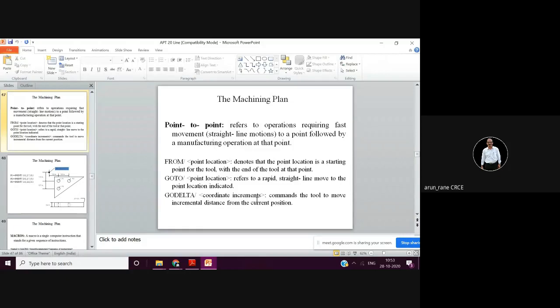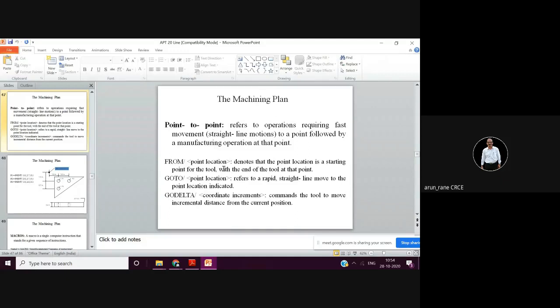Now the motion statement. Motion statements consist of again English high level language like from, go to, go delta, and this constitutes your machining plan.